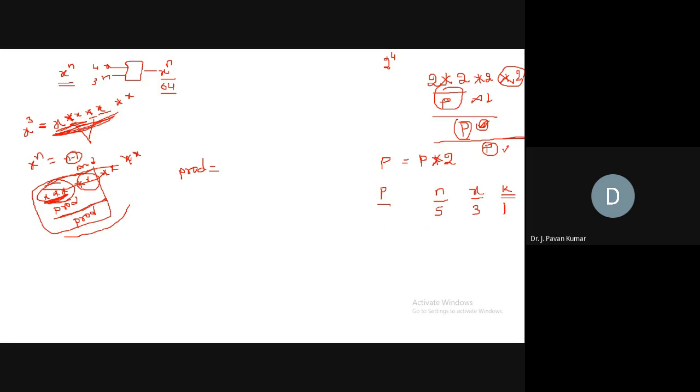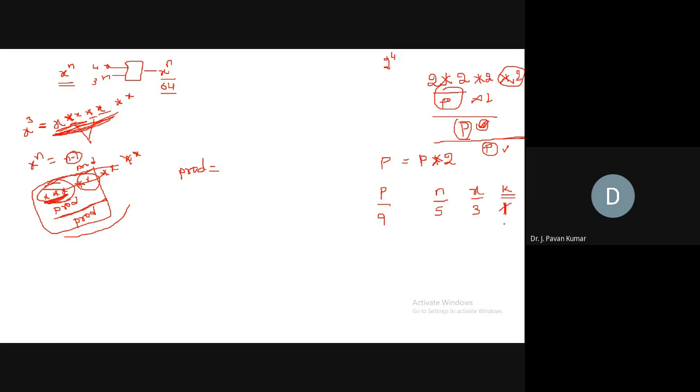Whenever K value is 1, P value should be X into X, so it becomes 9. Just start from this state; we will go to the previous step after some time. 3 into 3 we perform and the result is stored in P.